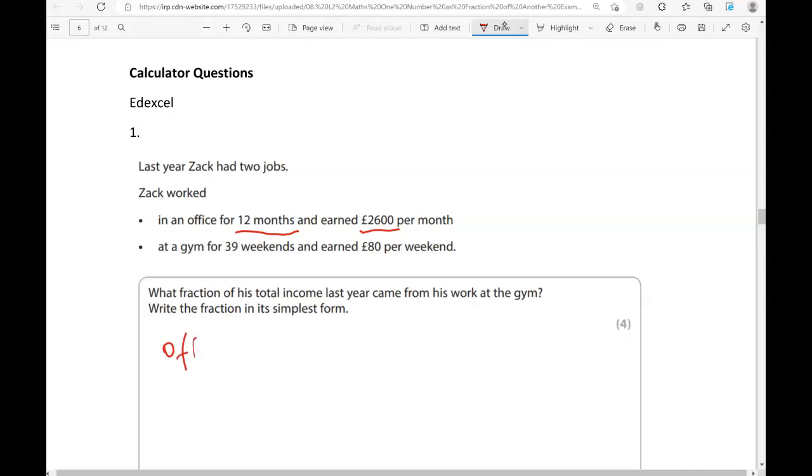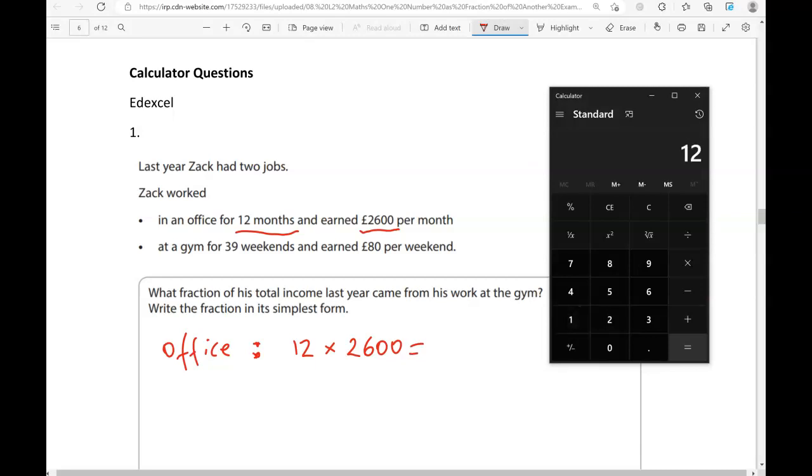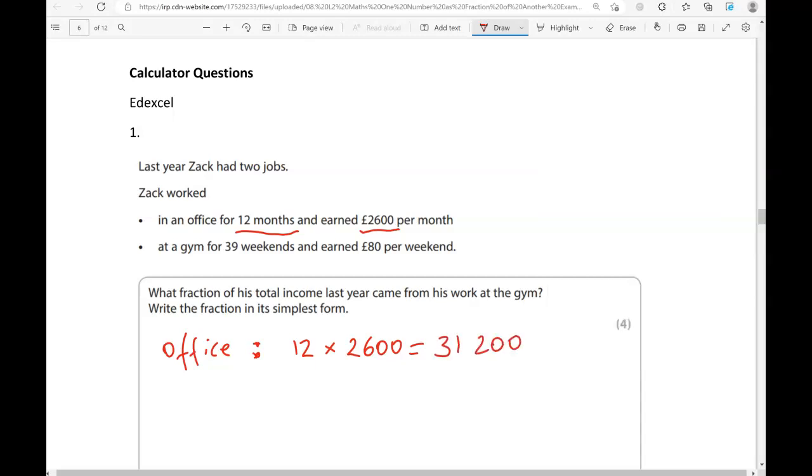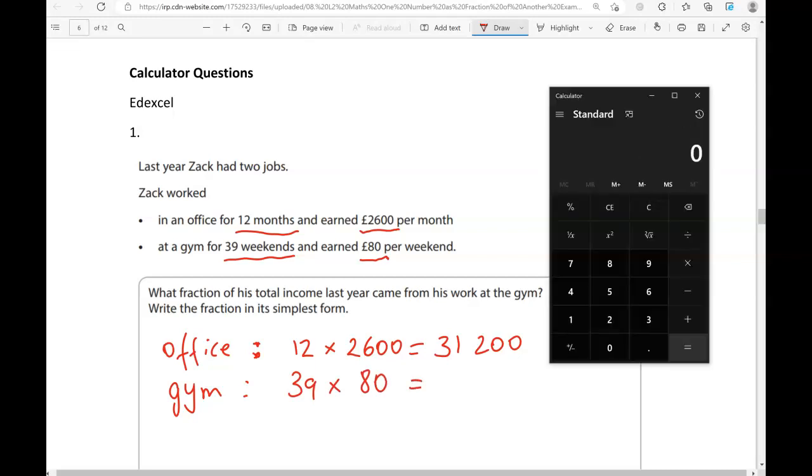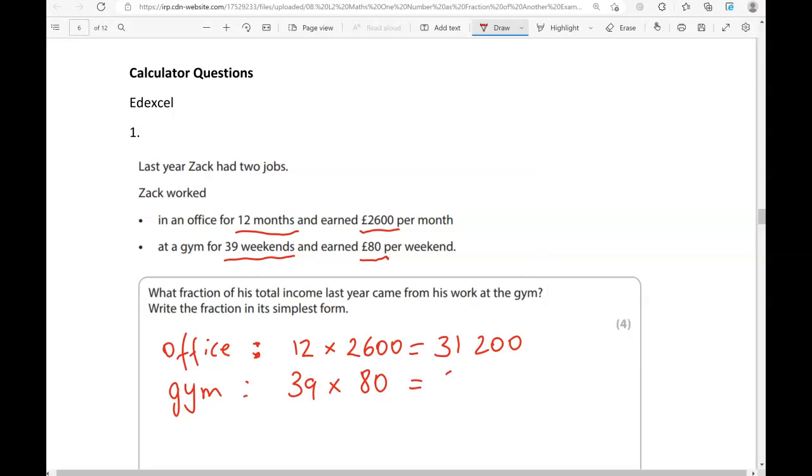So office, 12 times 2,600, which gives us 31,200, and gym, that is 39 weekends, £80 per weekend, so 39 times 80, which is 3,120.